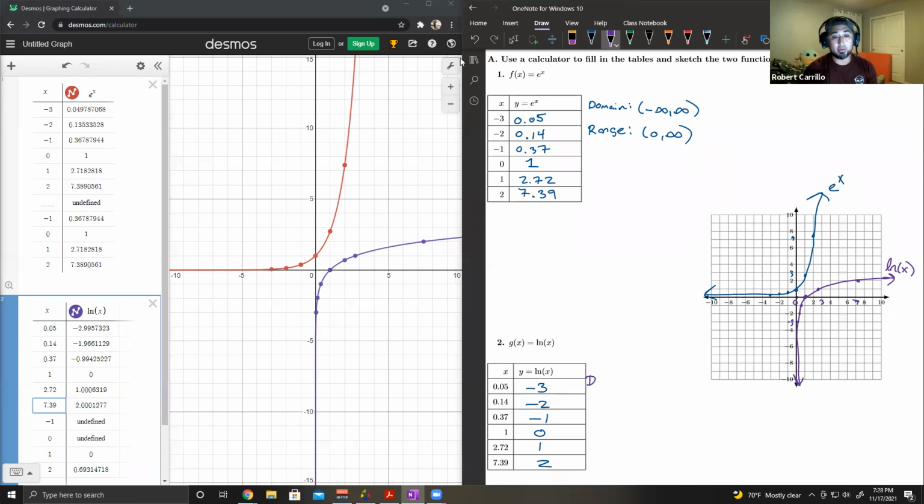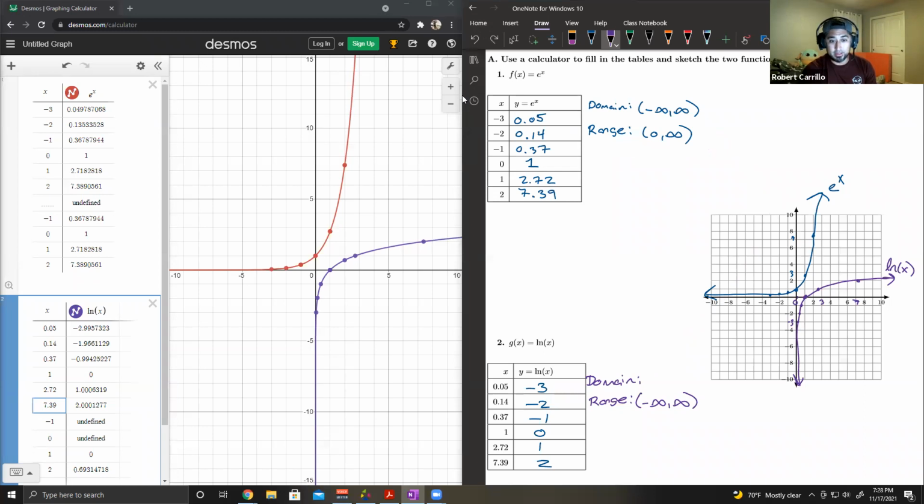Okay, now here's where we actually get to see a domain and range swap. So the domain of e to the x now becomes the range of the natural log, -infinity to infinity. And now the range of e to the x becomes the domain of the natural log of x.